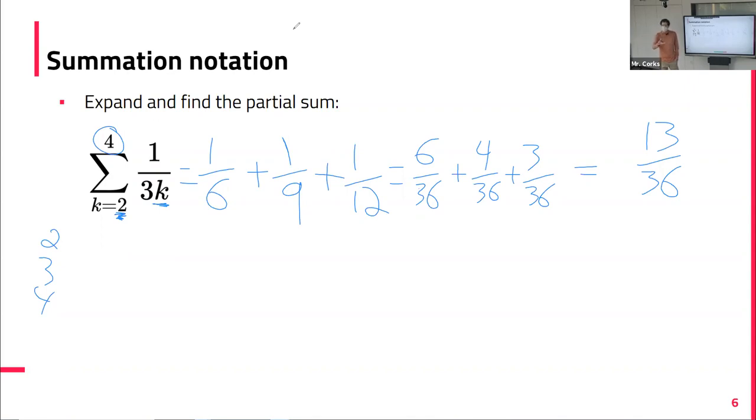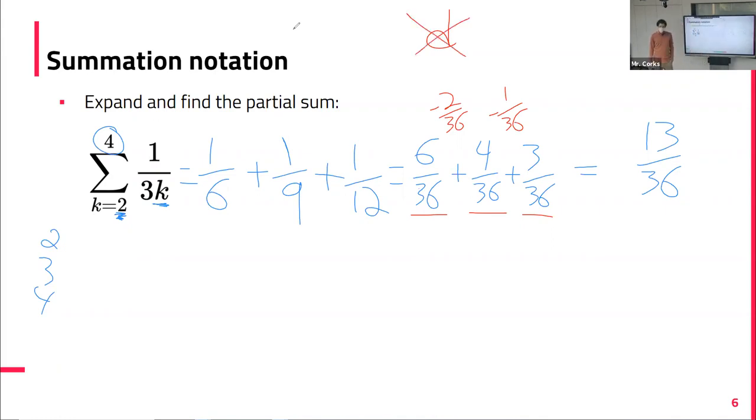Same what? Same difference. Same difference, the d value, common difference. We need to be able to add the same thing each time. Going from this 6/36 to 4/36, what are we adding or subtracting? Okay, so this is minus 2/36. And if we look at the next pair, well, that's minus 1/36. Not the same, not a common difference.